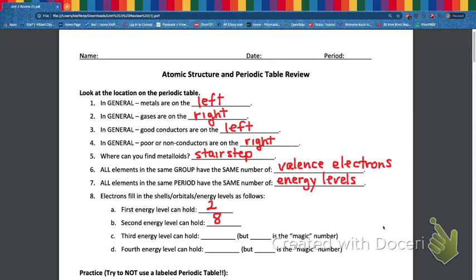The third energy level can hold 18, but remember that 8 is kind of our magic number. So it fills up with 8, and then it actually jumps to the next energy level before it falls back. And the fourth energy level is 18 or 32, I think. But 8's our magic number. It holds a lot more.